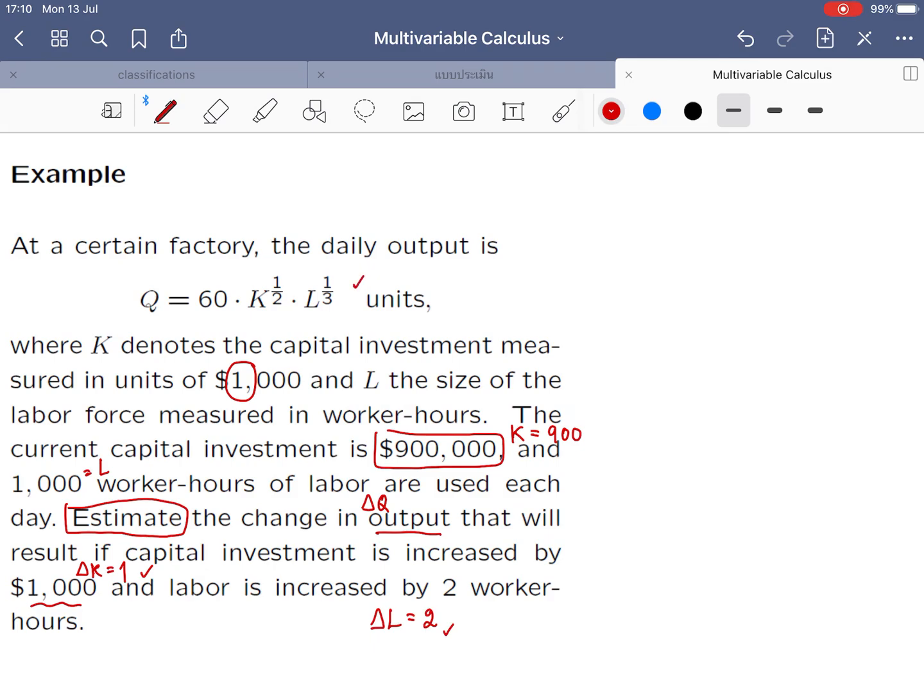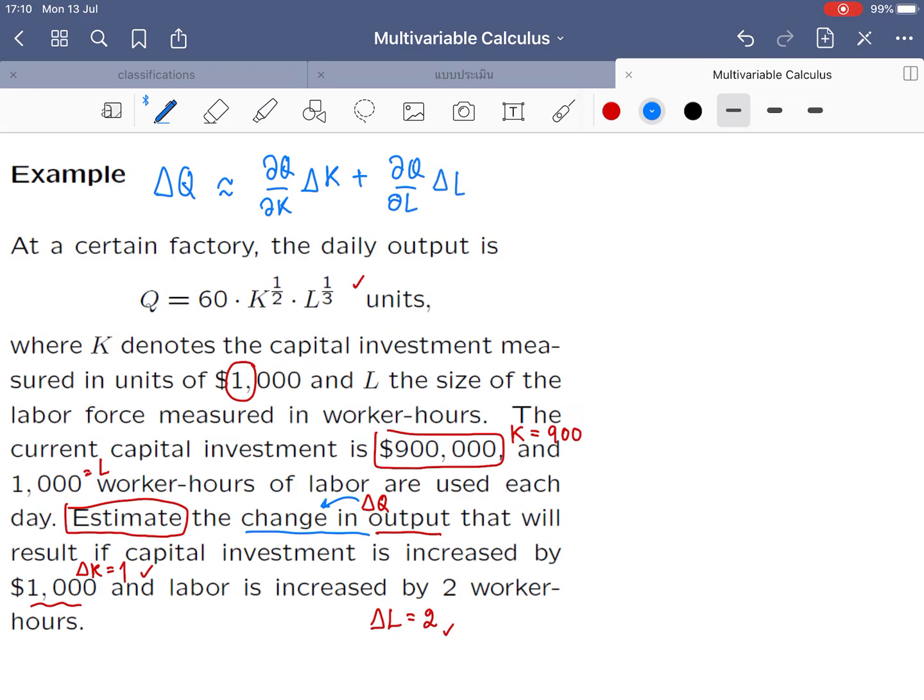As we had previously, the change in output ΔQ is approximated by dQ/dK ΔK together with dQ/dL ΔL.